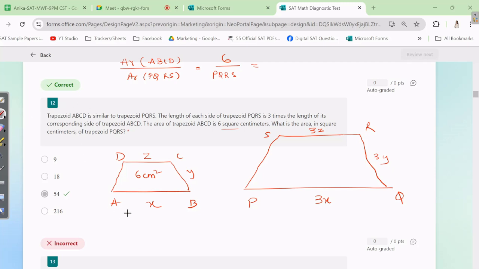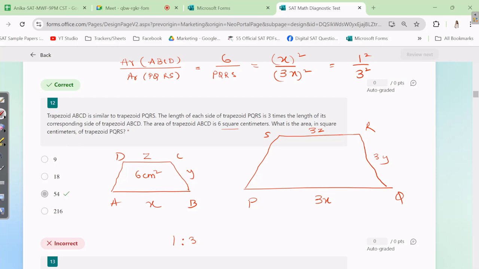Oh, x squared over 3x squared, right? Yes, x square over 3x square. Or you could also say the ratio is 1 is to 3. You could also write x square, this is also fine. Or you could just write 1 square over 3 square, because ultimately x square will get cancelled.